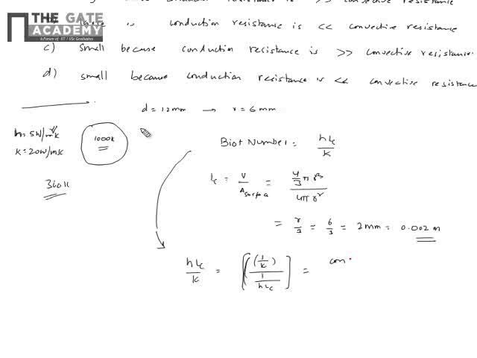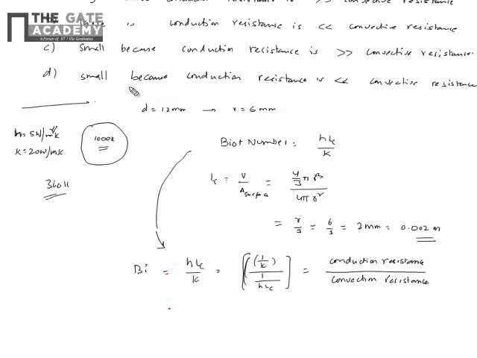So 1 by k is proportional to conduction resistance, and 1 by h Lc is proportional to convective resistance, since the higher the heat transfer coefficient, the higher the convection and the lower the convective resistance. So Biot number can be viewed as a ratio of conduction resistance to convective resistance.